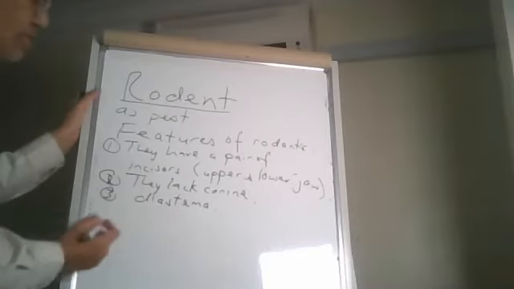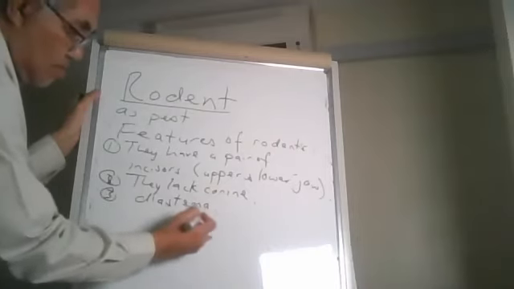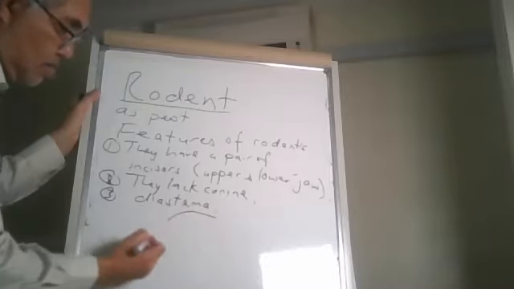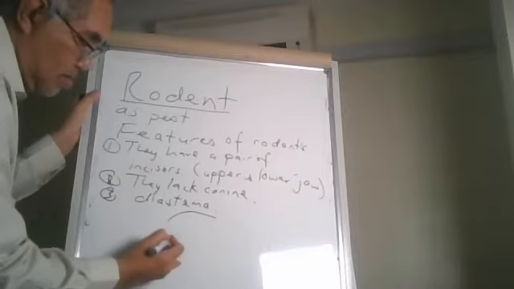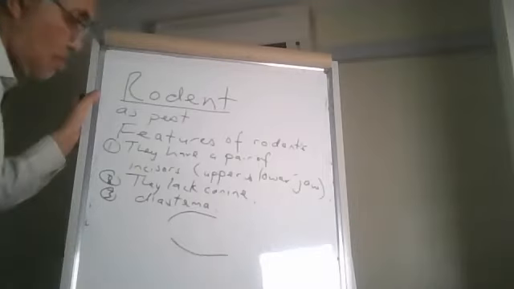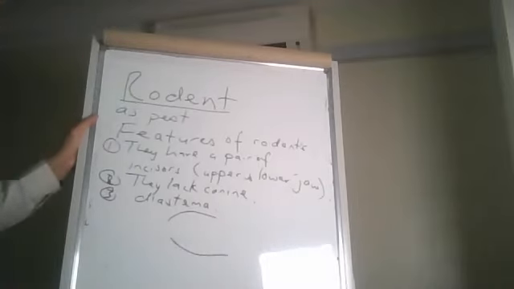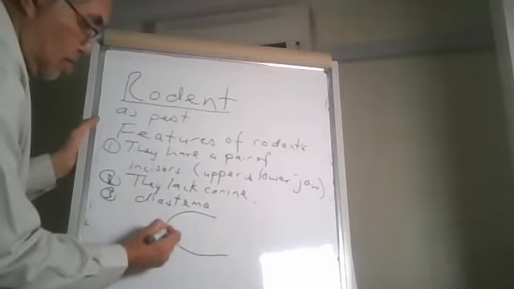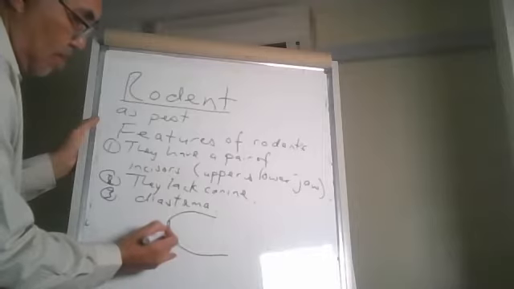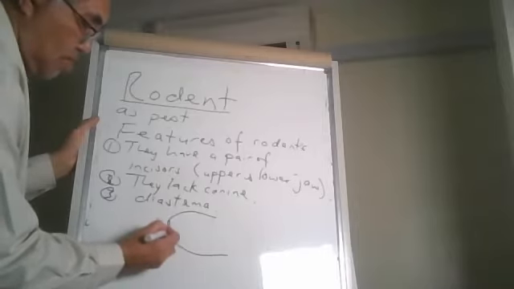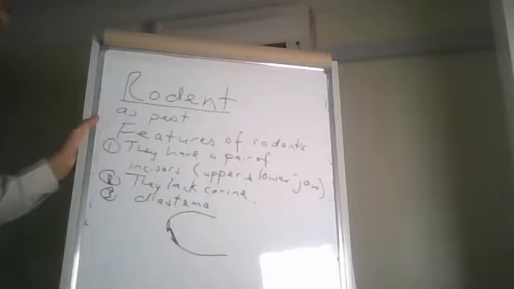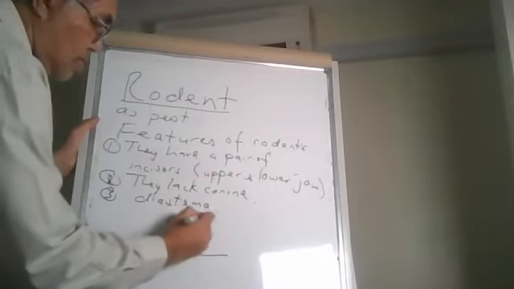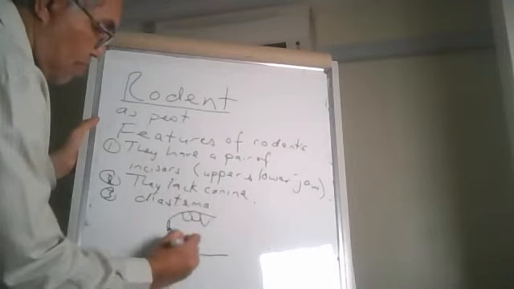Let's draw the graphical representation of rodent dentition. So we have the incisor here and also the incisor here. But they don't have the canine, so we have the molars.